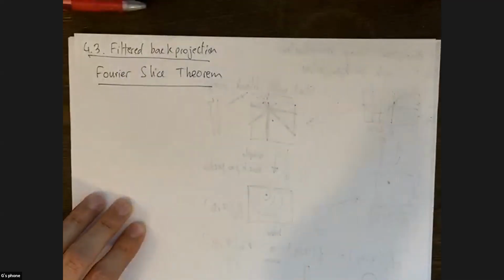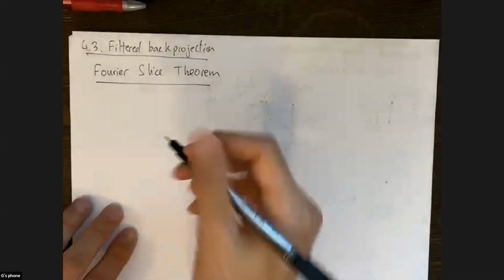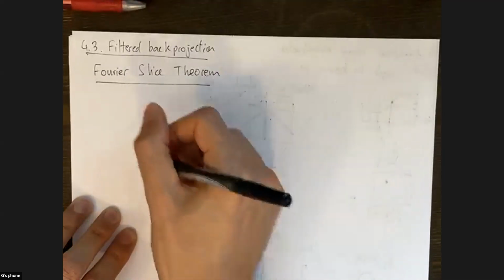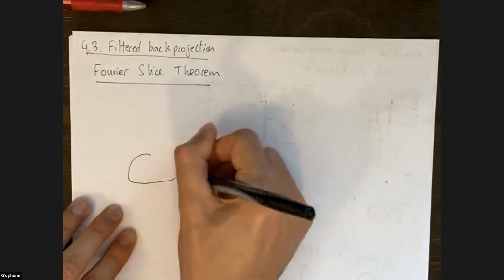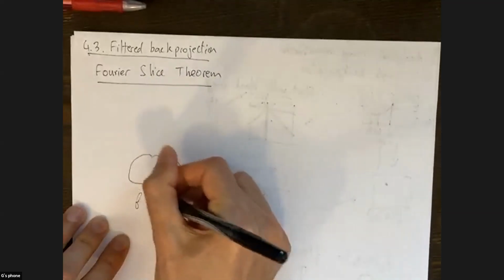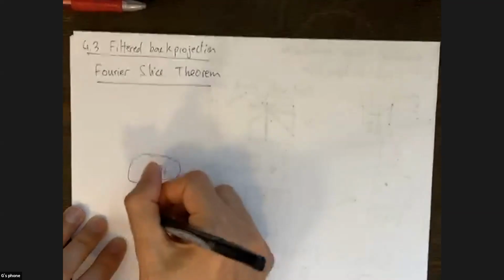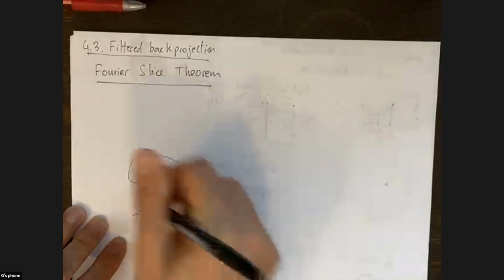I'm not going to really go through the math, because that's not the point of the class. The class is supposed to be an introduction, trying to understand things more qualitatively. So I will just go through it visually. We start with a two-dimensional tracer distribution, like we've done in other examples. This is called f of x, y. This is the tracer, how it's distributed in 2D.